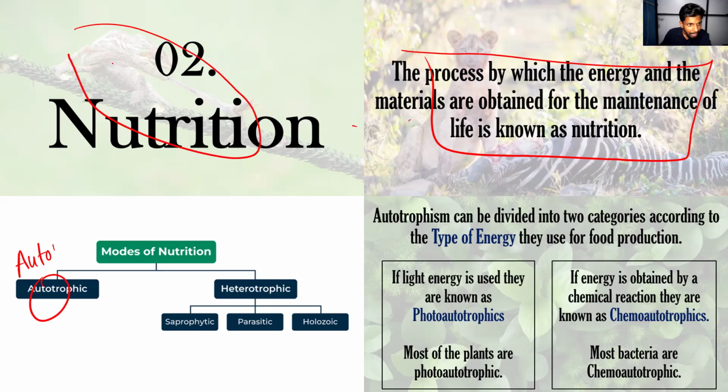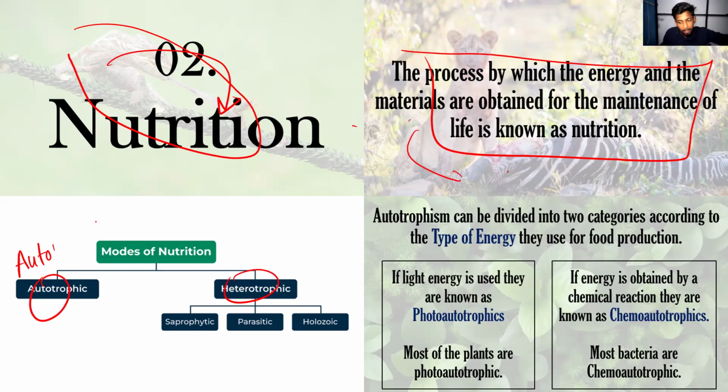There's a lizard capturing and killing another organism, right? And look at the zebra here. The lion is eating the zebra, right? That means heterotrophs. They depend on another organism. They kill another organism. They are called heterotrophs. Autotrophic means they produce their food by themselves.